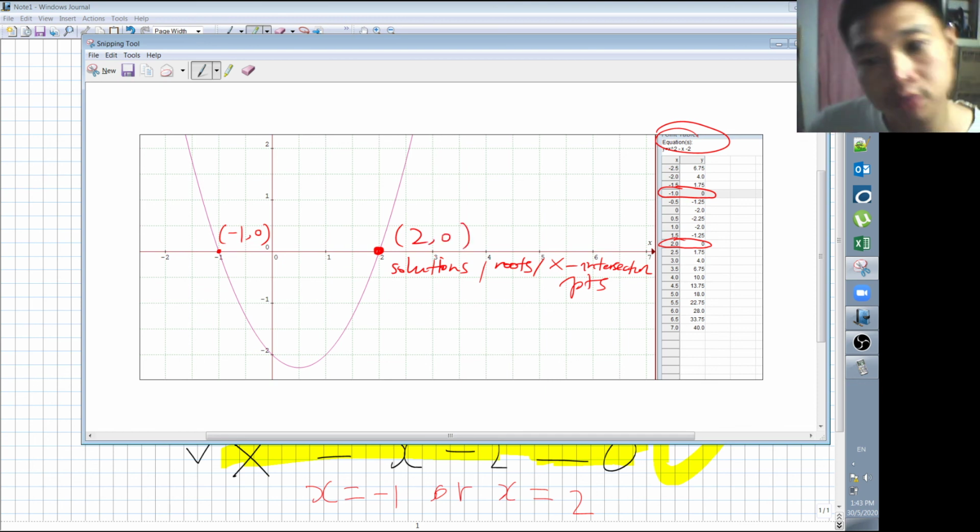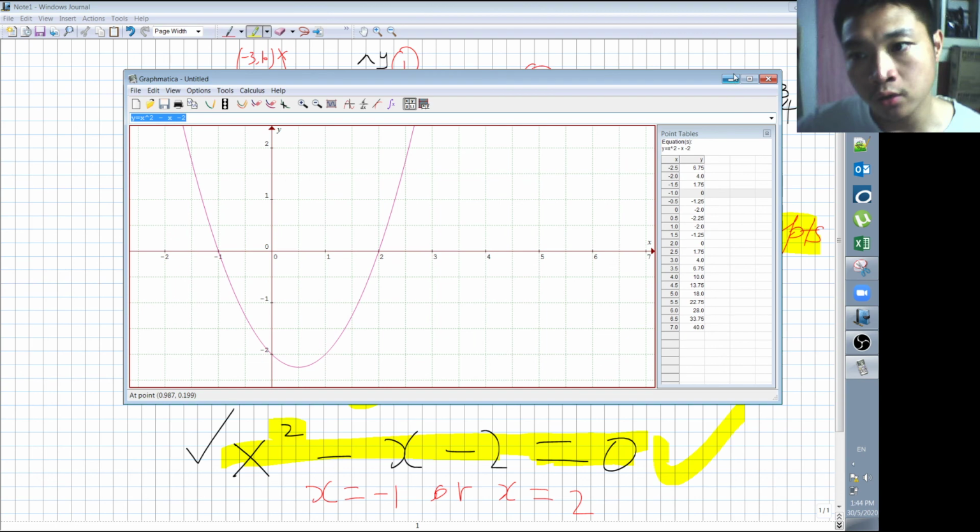If you make use of this Graphmatica, you can identify your solutions or roots or x intersection points very quickly. This is one very good software for you to play with, so that you can play with any graph you want, any quadratic equation graph.